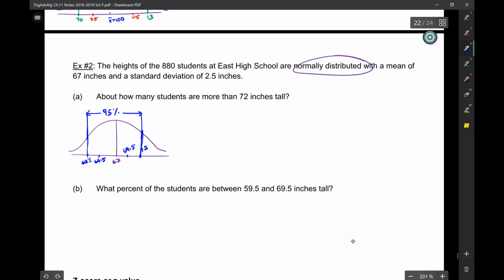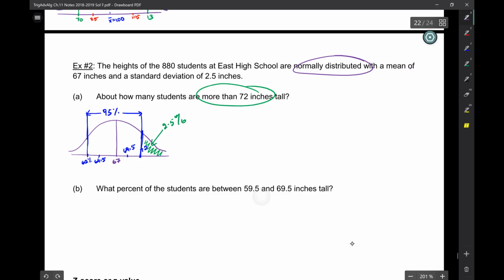So now what I want is the students that are more than 72 inches tall, that's here. If that's 95%, how many percent are outside? 5. But I only want half of it. I only want the half to the right, so this is only 2.5%.